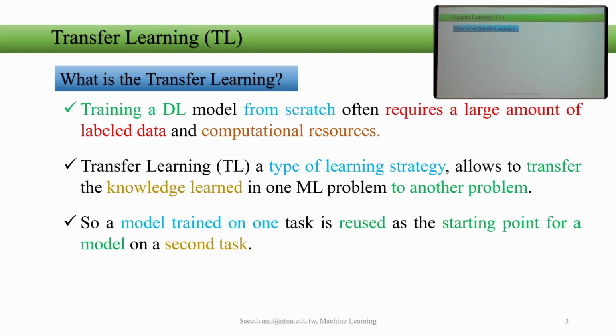Let's start with the definition of transfer learning. We say we want to train a deep learning model from scratch. If we want to do that, it requires a large amount of labeled data and computational resources. We solved a problem together last week. The data set was small, but usually, with ImageNet for example, there are millions of images.